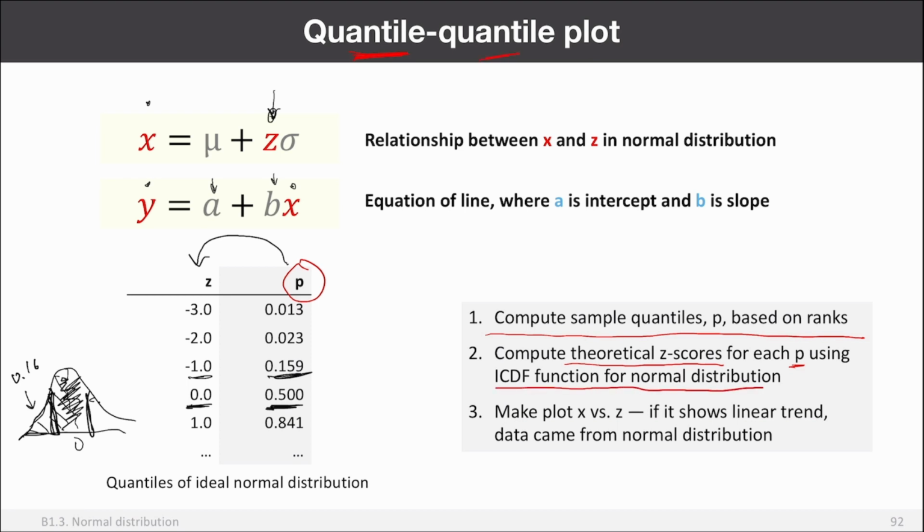That's the second quantile, because we are using the quantile function here. And then finally, we make a plot of X versus Z, computed based on these two steps. If this plot shows a linear trend, then we can assume that our sample values came from a normally distributed population. If not, then there can be different interpretations, which I'm going to discuss in this video.